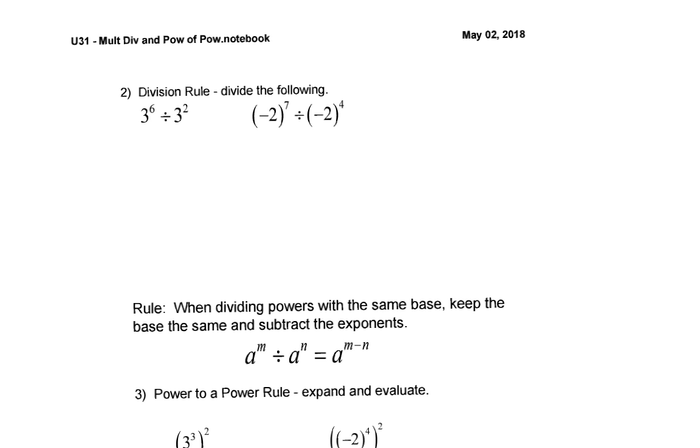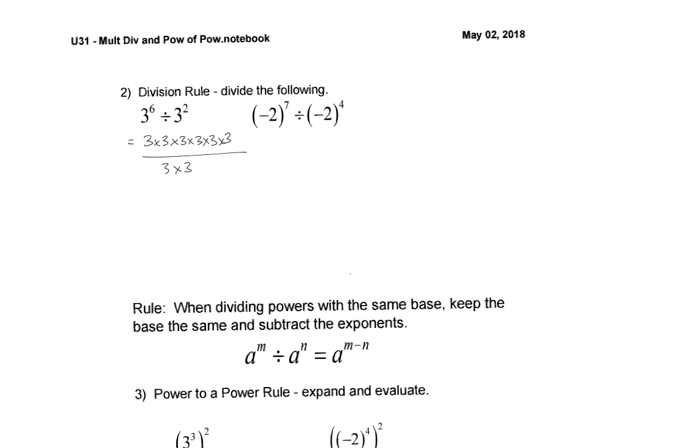Now we're going to explore the division rule for powers. If you think about this, let's take a look at this first problem: 3 to the 6 divided by 3 squared. I could literally just write it like this. Well, this is equal to 3 times 3 times 3 times 3 times 3 times 3 over 3 times 3.